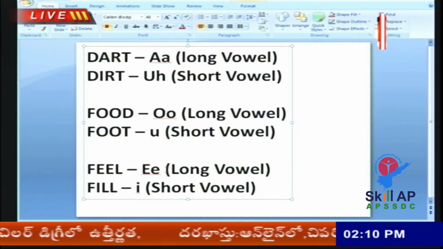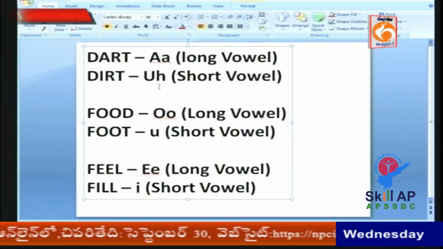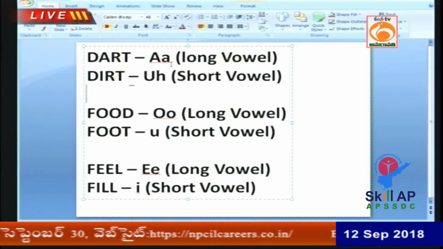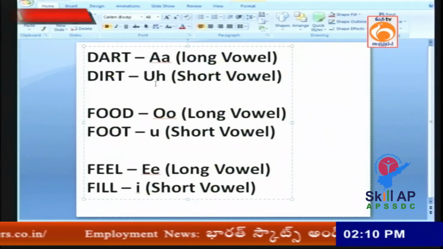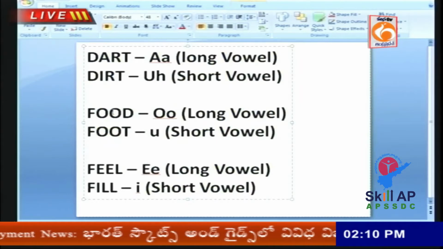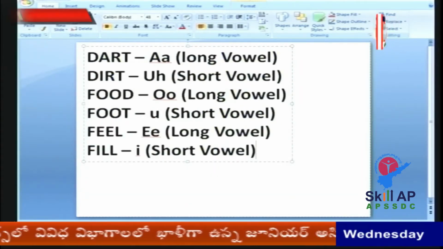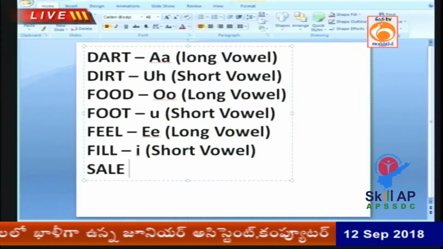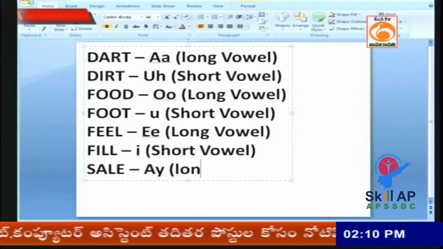Okay. Now apart from these sounds, we have long vowels 1, 2, 3 and we have short vowels 1, 2, 3. There is one more which I need to talk about. For example, sail. This is a long vowel.